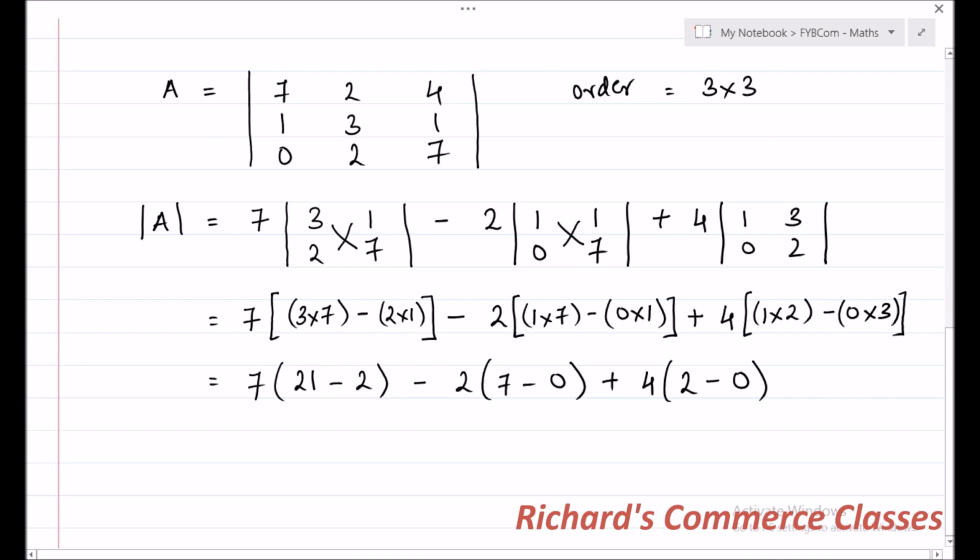The next step, this is equal to 7 into 19 minus 2 into 7 plus 4 into 2.